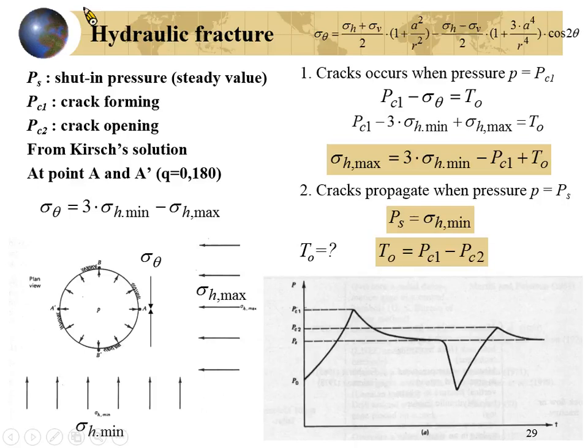We can draw a plot for the sigma theta around the borehole. The maximum value will be 22. The smallest value will equal 14. And other orientations will be in between. Correct? So since the smallest tangential stress equals 14 MPa, if the vertical stress is smaller than this value, then you will have a horizontal fracture. Because it is the least resistance, the easiest to form.